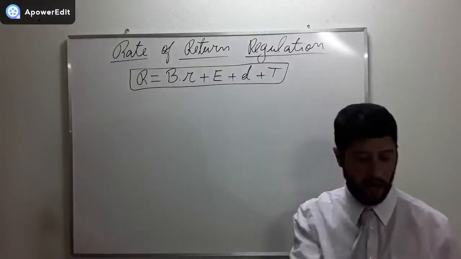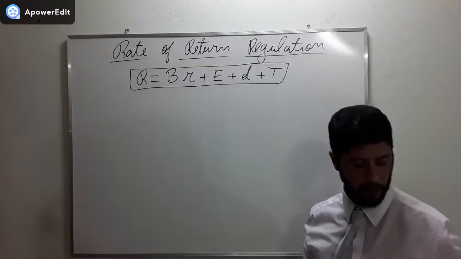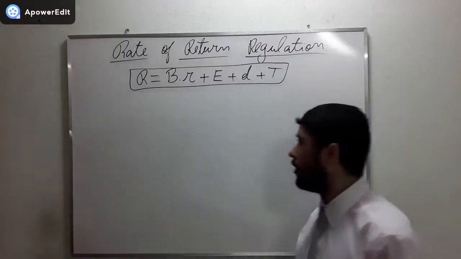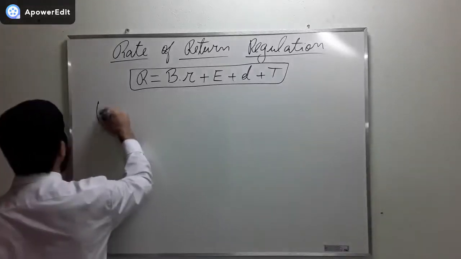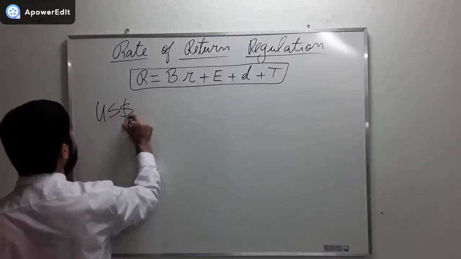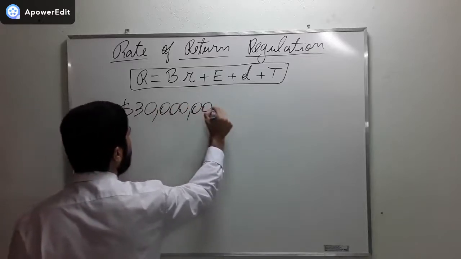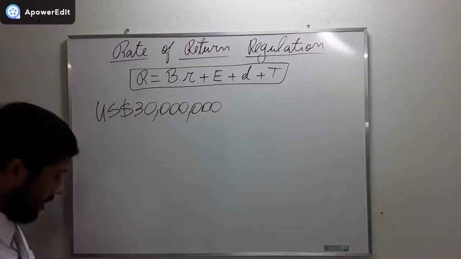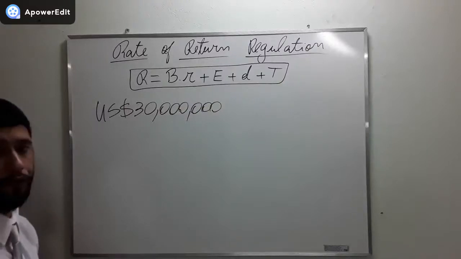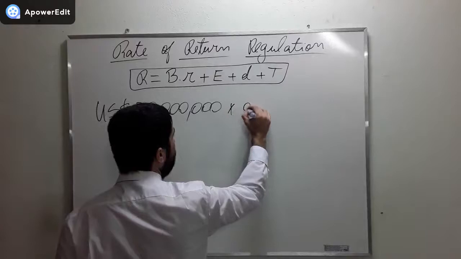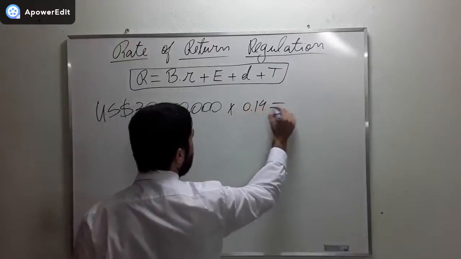The cost of equity is 14% of the rate base. If the rate base in American dollars is 30 million, and the cost of equity is 14%, then we multiply by 0.14.